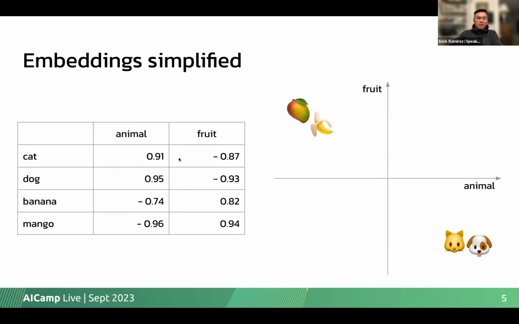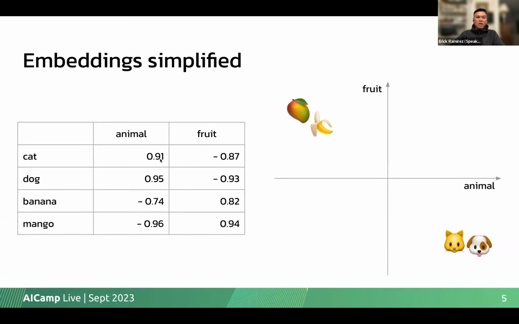For the vector embeddings, or the scoring, for example, for cat, in terms of being an animal, it ranks pretty highly at 0.91. But as a fruit, it's the complete opposite. It's a negative 0.87 in this fictional scoring that I'm doing.